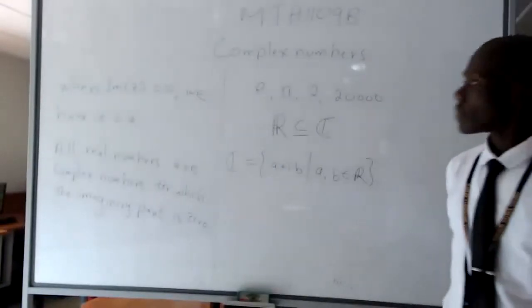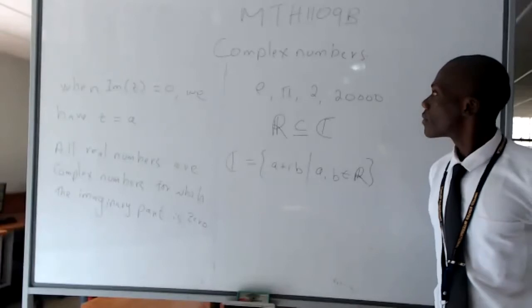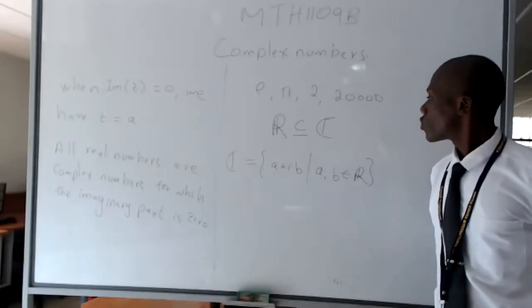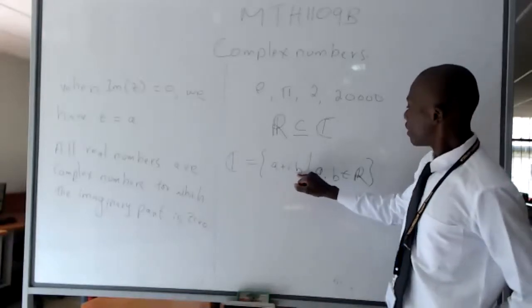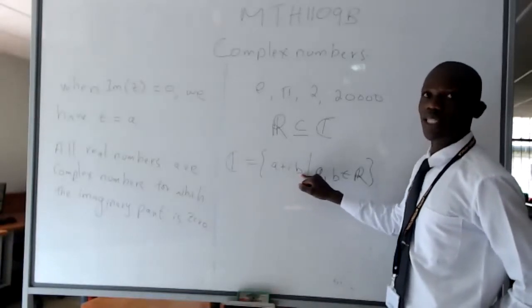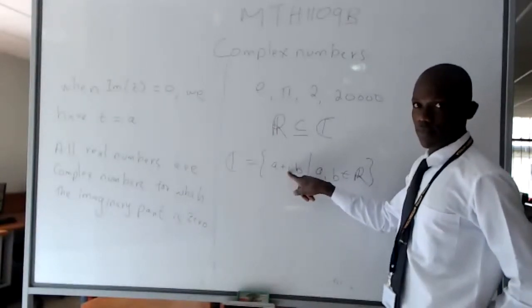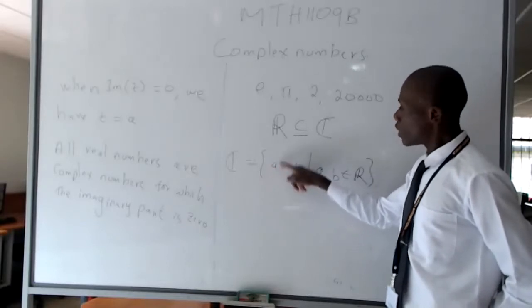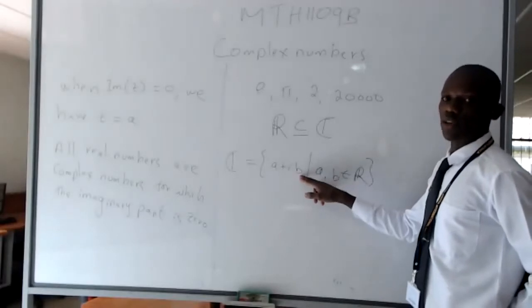So this is the expression a plus bi. The bi is the imaginary part, so it means the bi is equal to 0? No. bi is not the imaginary part. It is b that is the imaginary part. We say the imaginary part is the coefficient of i. So the real part of this number is a, the part without i. The imaginary part is b, the part that is the coefficient of i.